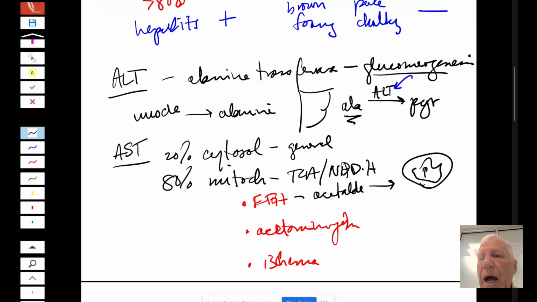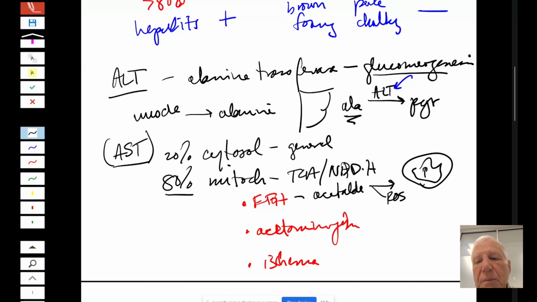So I get high levels of acetaldehyde in the mitochondria. As well, alcohol produces reactive oxygen species. So alcohol actually is quite toxic to mitochondria, where I find the AST. So alcohol is related to mitochondria, and therefore it disproportionately elevates AST.